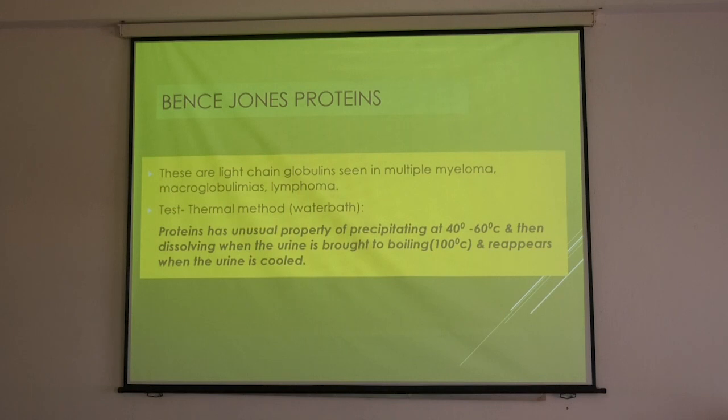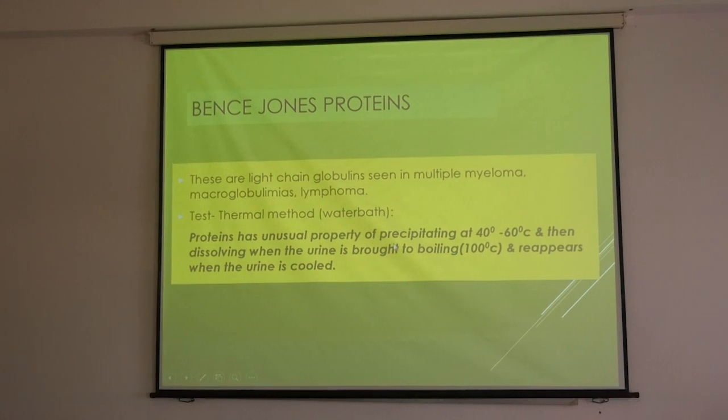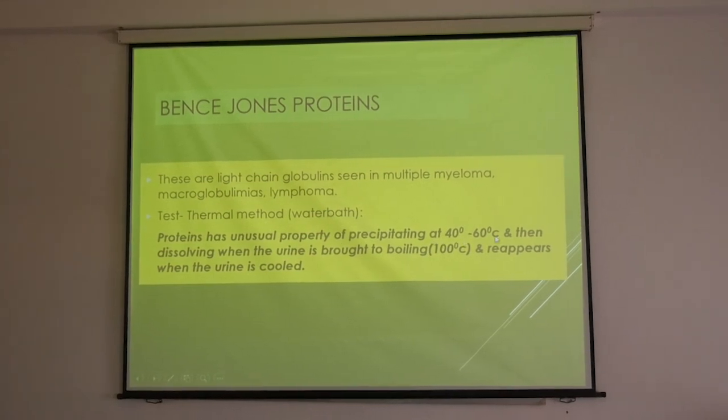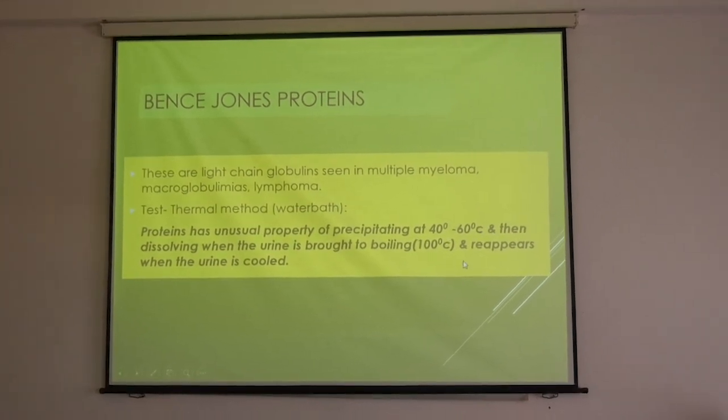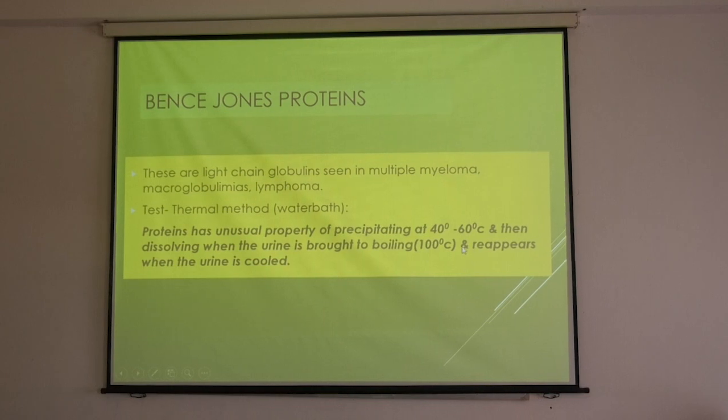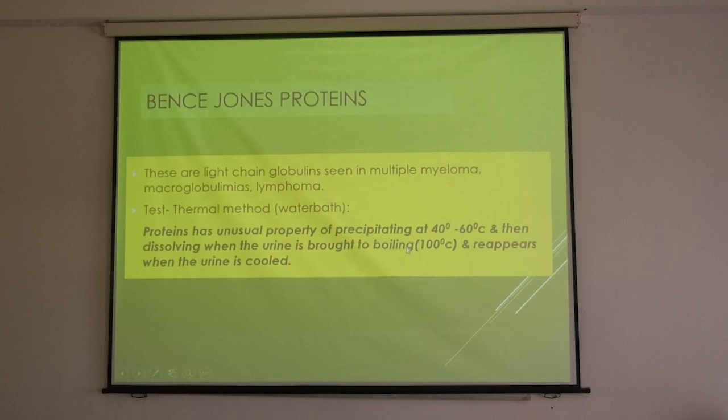And when we cool down the urine, the cloudiness will reappear. We see the cloudiness at around 40 to 60 degrees Celsius, then it dissolves at around 100, and when we cool the urine back, it reappears. This is specific for Bence-Jones protein.